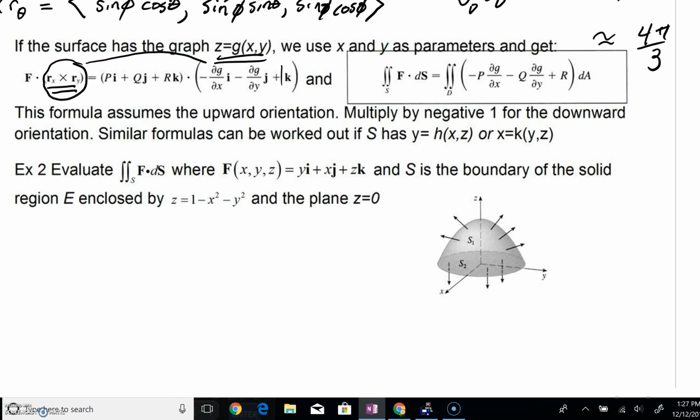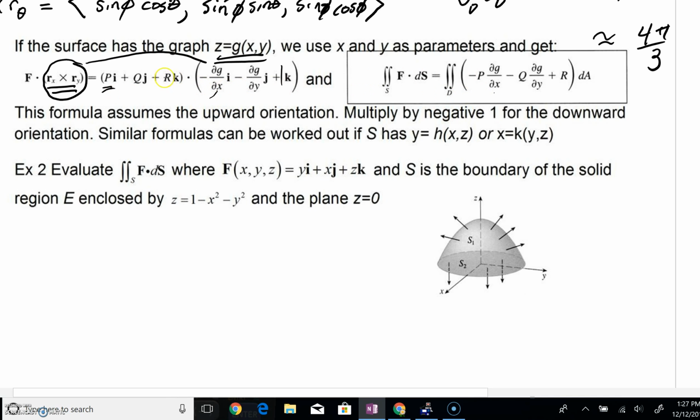But suffice it to say, if you just want to memorize this really slick formula right here, when you do your dot product, you'll see that P, the x component of your vector field's definition, is multiplied by your surface's partial derivative with respect to x, and you'd have a negative right there.